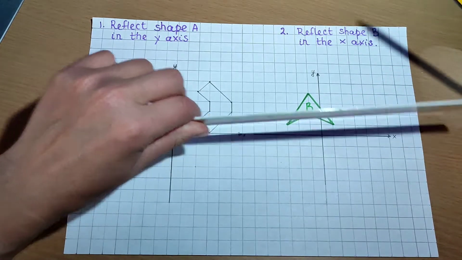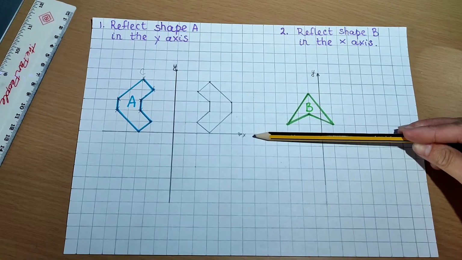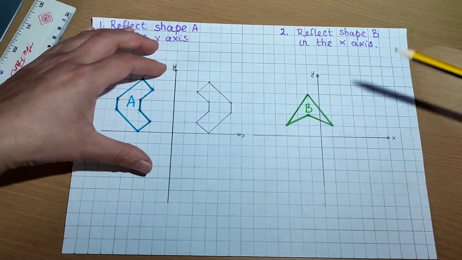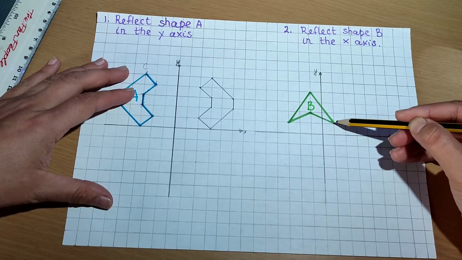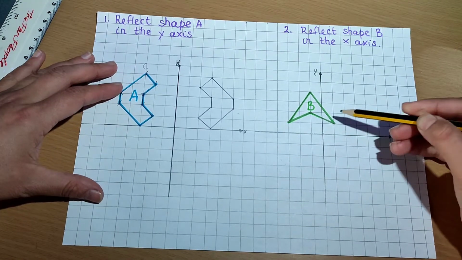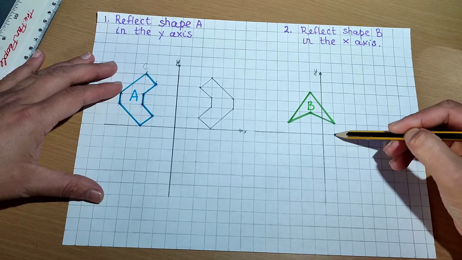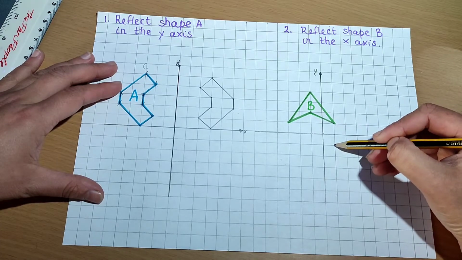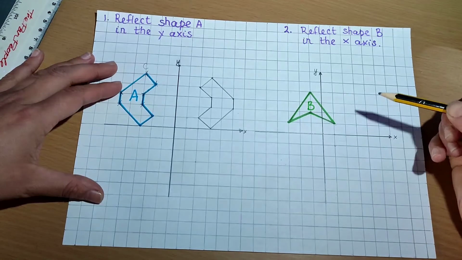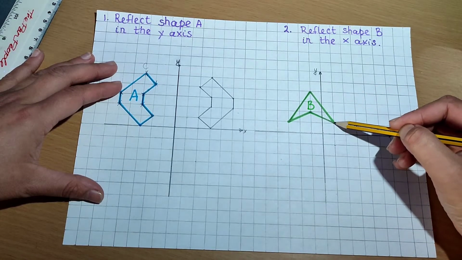What is it going to see? Let's use exactly the same principle and plot all of the vertices, all of the corners. It is 1 square to the mirror line, so we have to have 1 square from the mirror line. Okay, I started with this one.